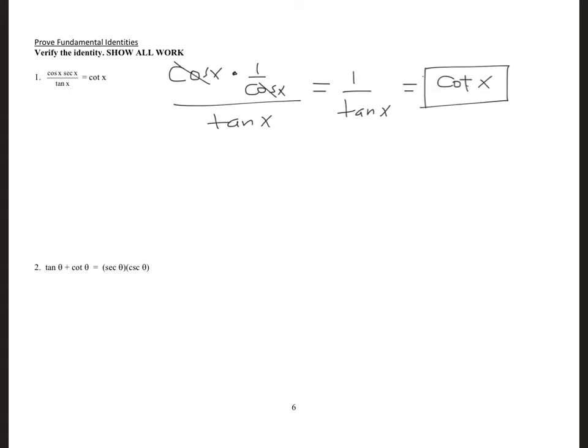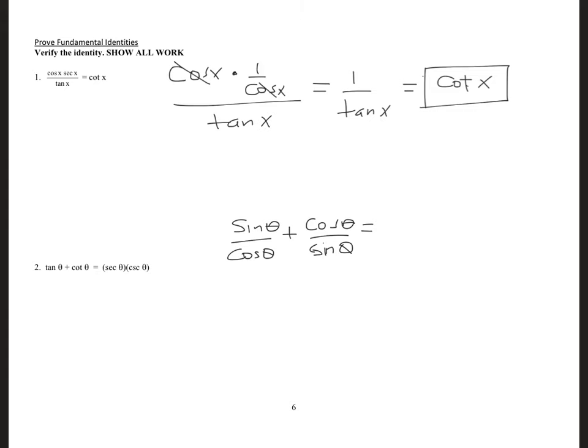So I have tan theta, which is equal to sine theta over cosine theta, plus cotangent, which is cosine theta over sine theta.